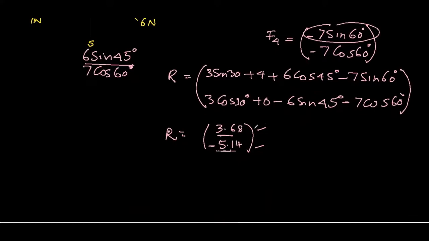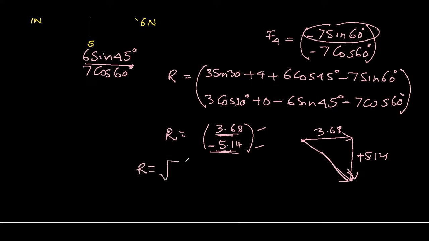That means the x component will be 3.68 in the positive direction, and the y component will be minus 5.14, downwards because negative was downwards. Because I've taken care of the direction, I can write it positive now. So the resultant will be this force, and using the Pythagorean theorem, we can easily find it.